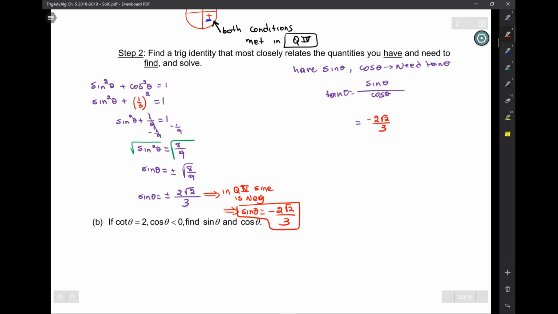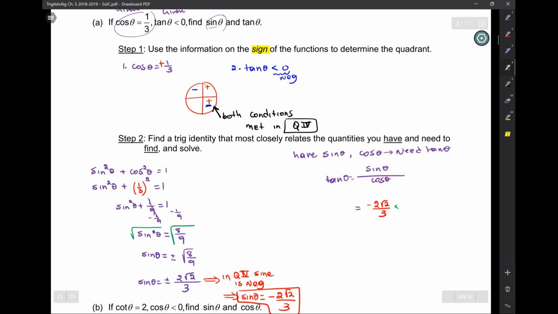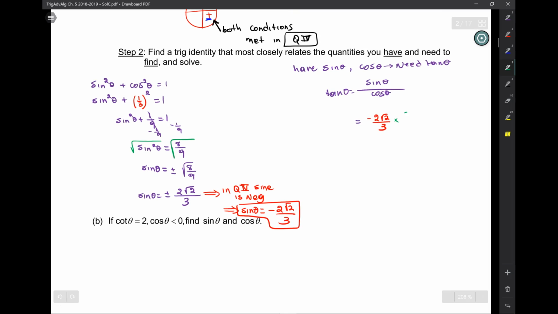You can divide by cosine or you can multiply by the reciprocal of cosine, so 3 over 1.